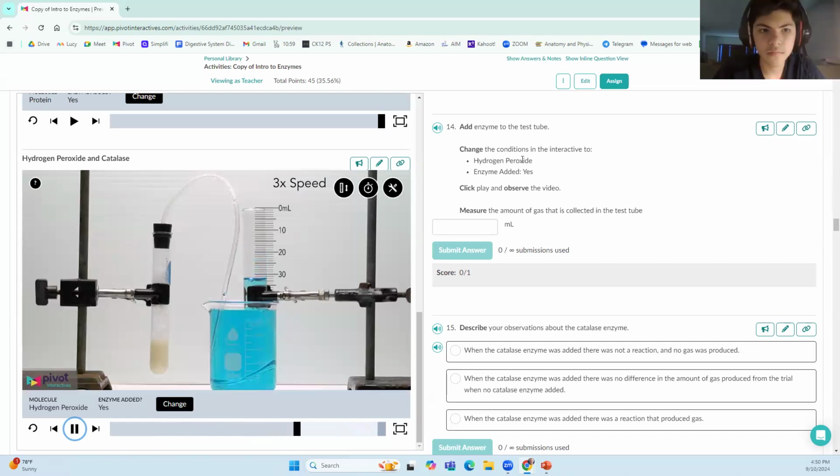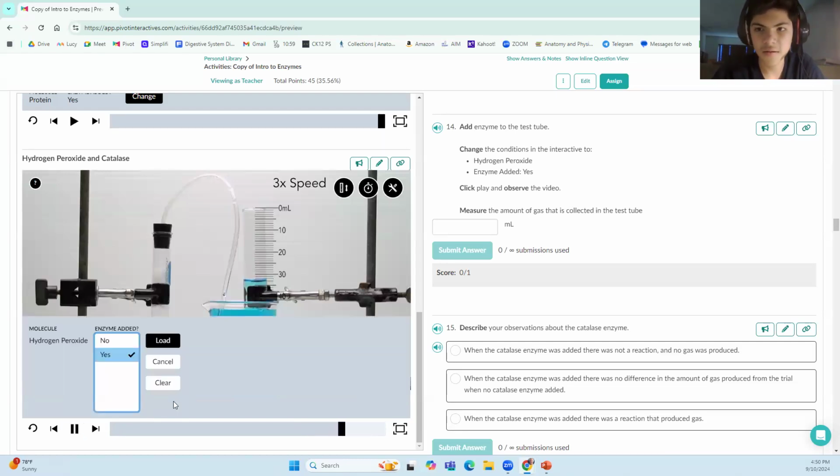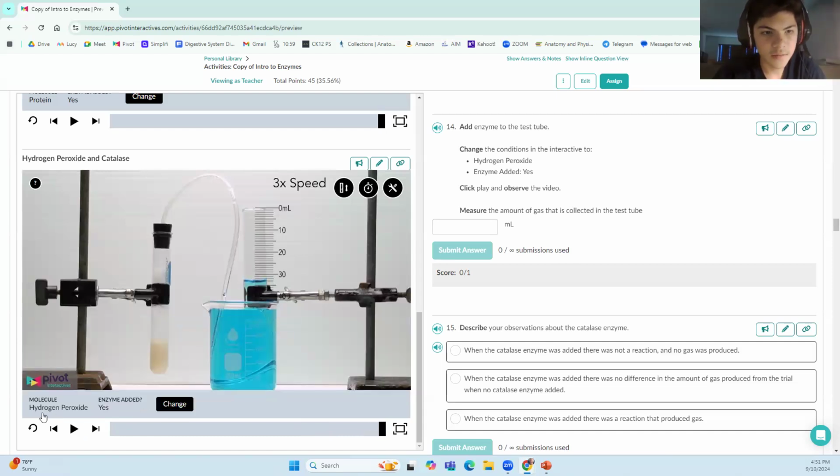No, for like the video, like for the percentages, like how much molecule slash hydrogen peroxide. So when you click change, you have a percentage here? No, it doesn't have that at all. It just has enzyme concentration, and then when I click on that, it says percentage. It has percentages. Anybody else have the same thing?